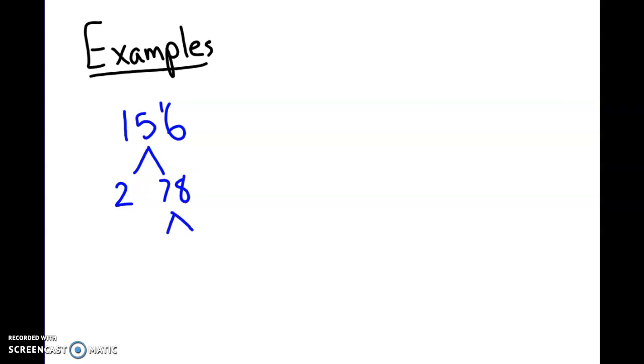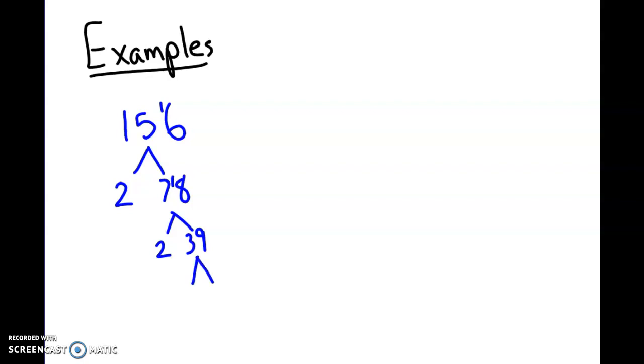Now I can keep breaking down 78. Well, 78, that's still even. So I'll take out a 2, and then let me see here. When I take 7 and I cut it in half, I'll get 3. But there'll be a 1 left over. Okay, and then that will be 9. All right, now you might be thinking, okay, what's 39 a multiple of? How can I break down 39?